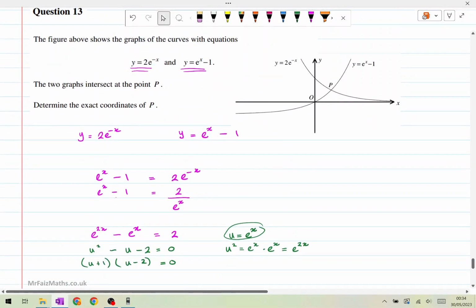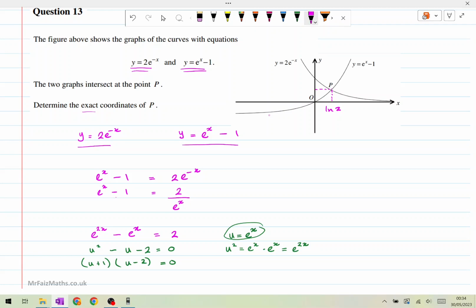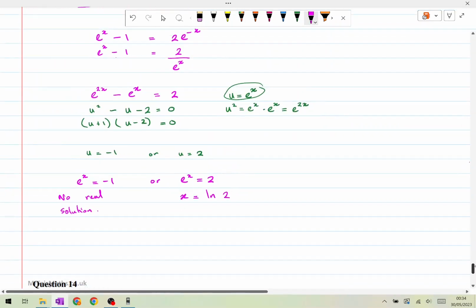Now on this question here, we are asked to find the actual coordinates. So we found the x coordinate is ln 2, and it does say find the exact coordinate. We then need to find the value of y. To find the value of y, we could use one of these two functions here and just plug in the x value. So I could substitute x equals ln 2 and do this on a calculator.